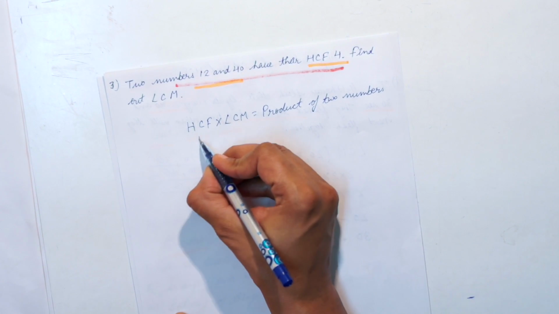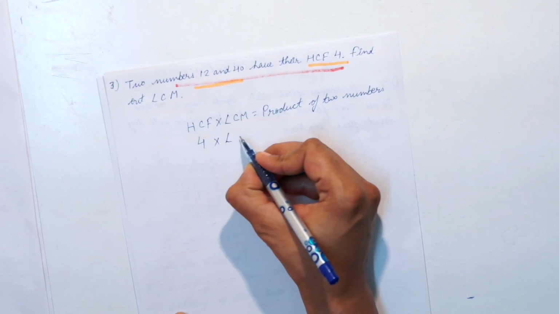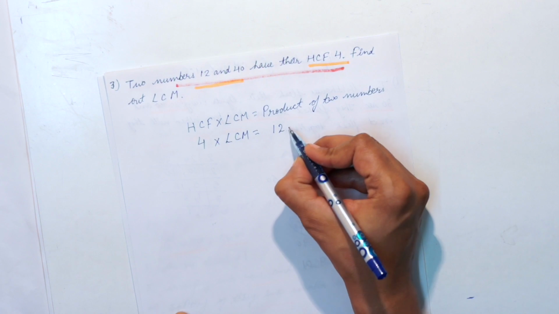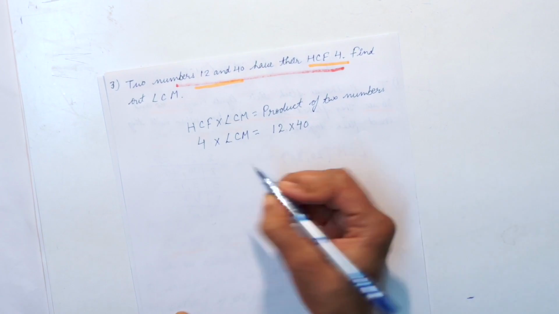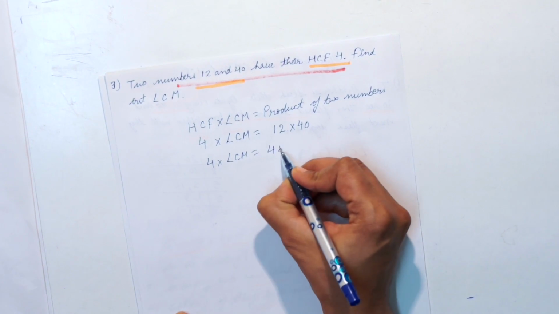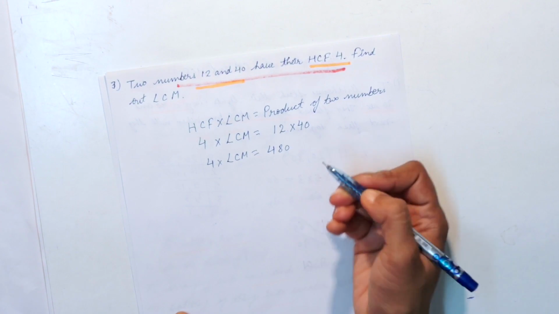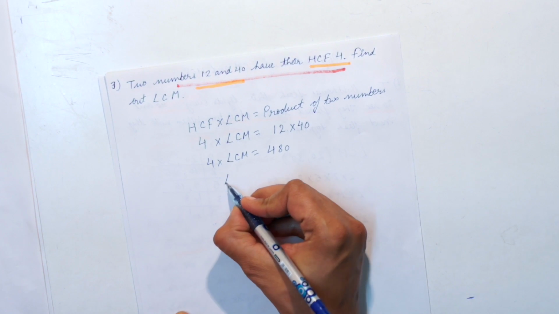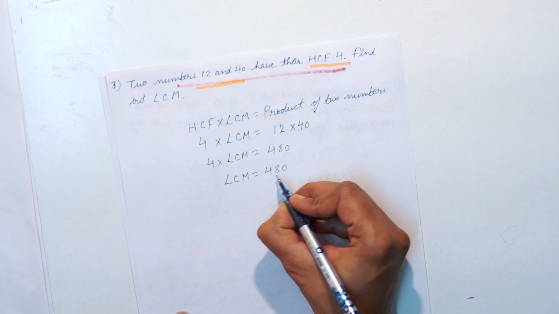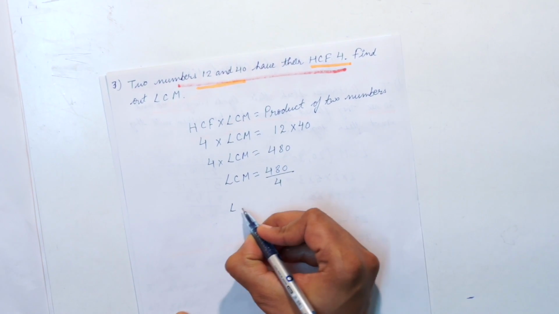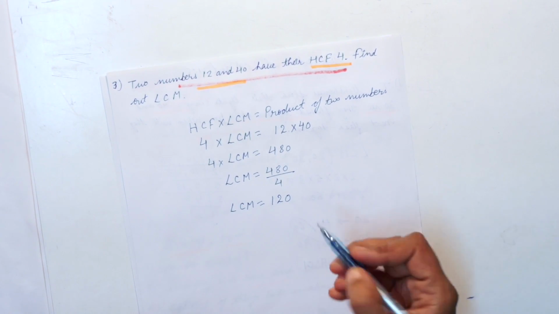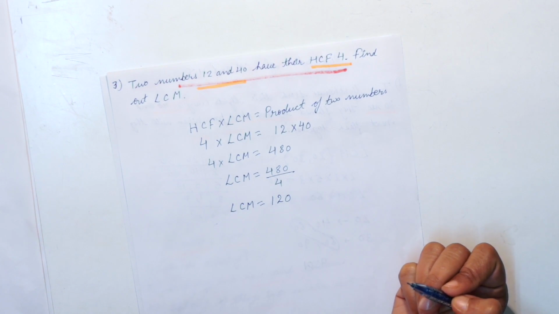Here my HCF is 4. I don't know what my LCM is, and my numbers are 12 and 40, so their product, 12 into 40, is 480. So 4 into LCM is equal to 480. To find LCM, 4 will go to the other side and divide 480. So what is my answer? 120. My LCM is 120.